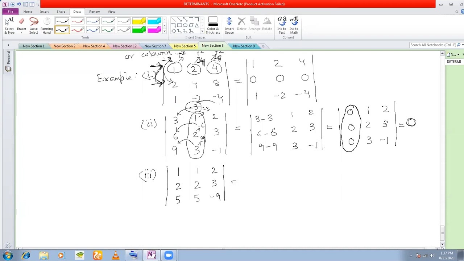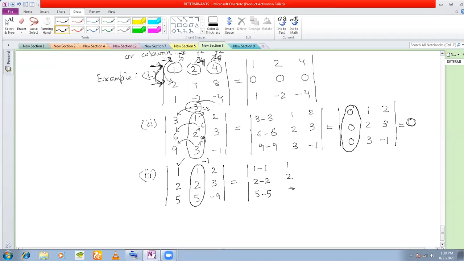If I multiply this column by minus 1 in my mind and subtract it from this column, what will I get? I will get 1 minus 1, 2 minus 2, and 5 minus 5, isn't it?